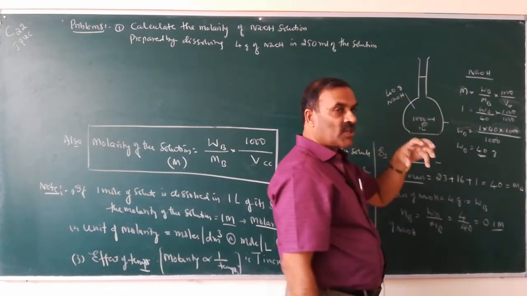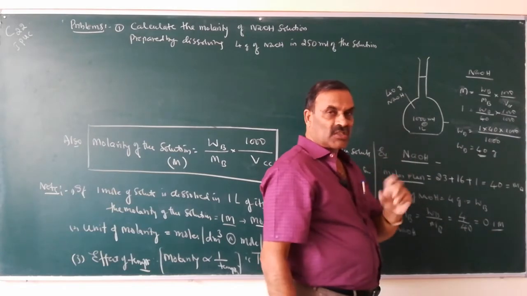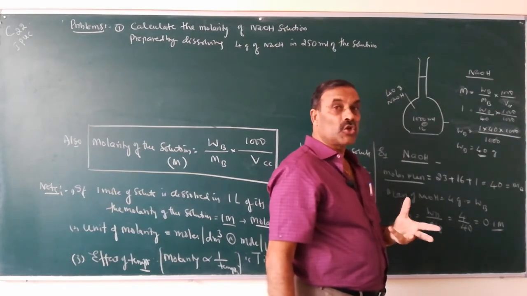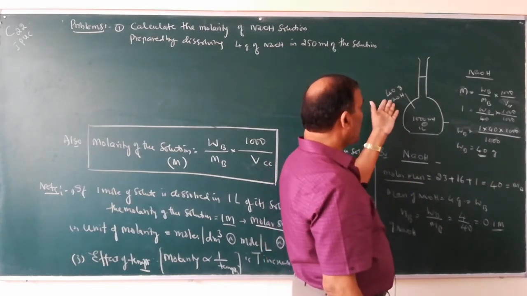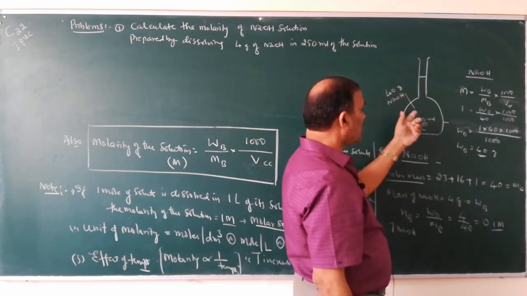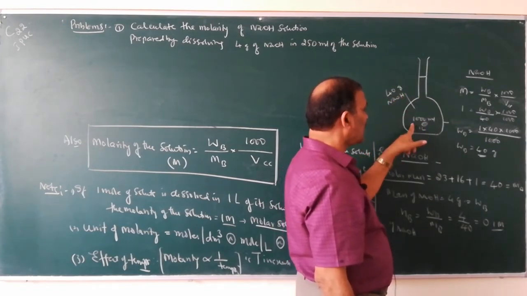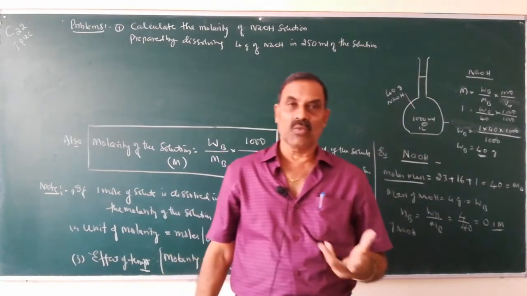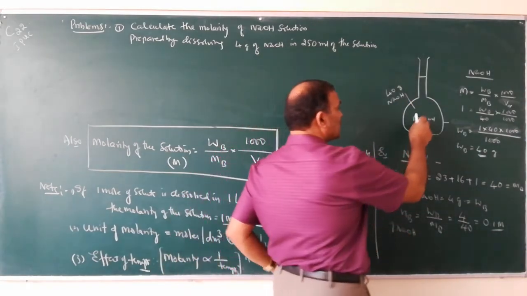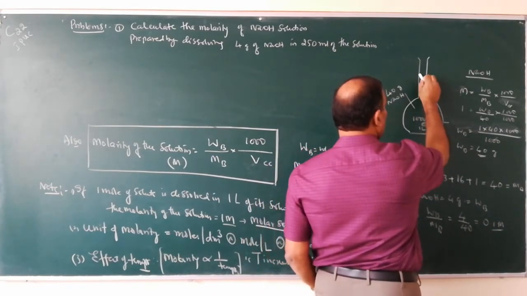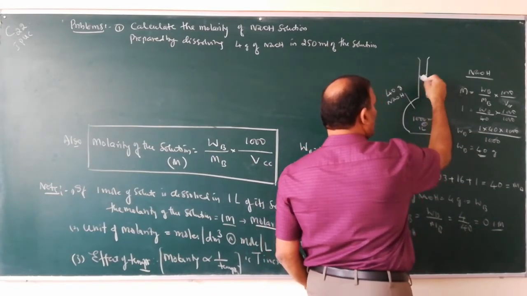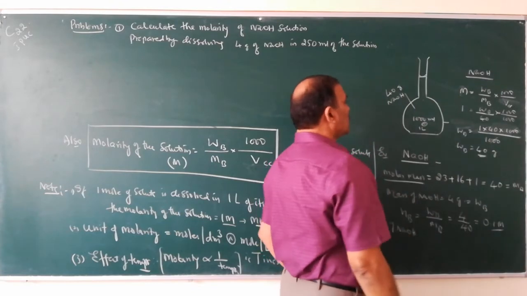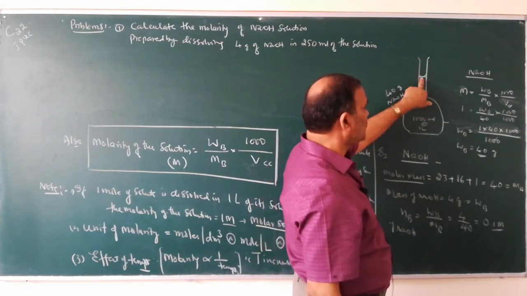Then put some water and dissolve the solute. Then dissolve the solute in a little water and make up the solution up to the mark here. Put more water so that the volume is equal to the mark.